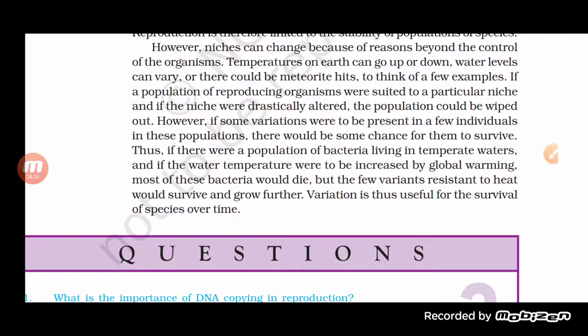How? There were some bacteria which were very temperature conscious, which were not able to survive in a hot temperature. With the passage of time, new bacteria came which started living in temperate water, and if the water temperature were increased by global warming, most of these bacteria would die, because most of them would not be able to adapt.